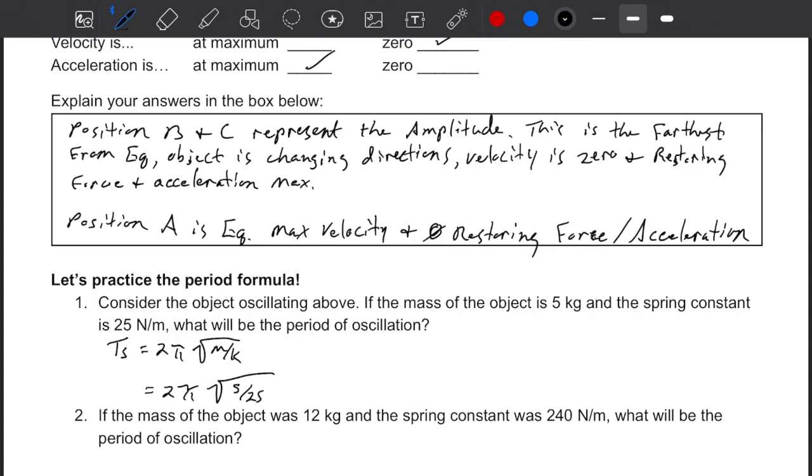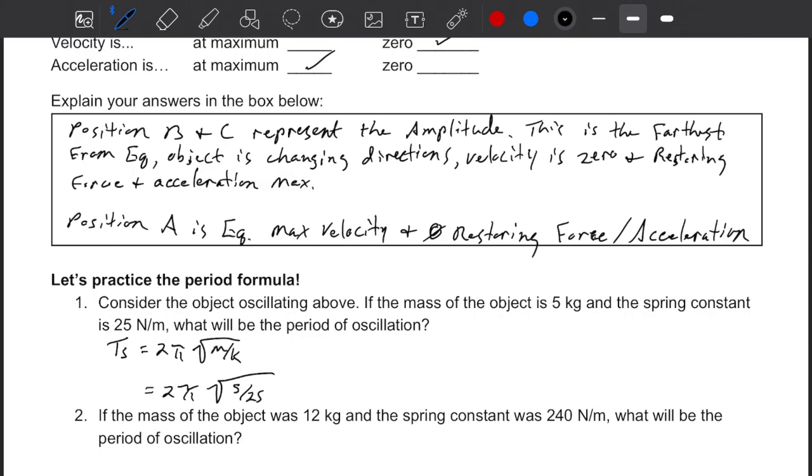In this case, that would be 2 times pi times the square root of 5 divided by 25. So in our calculator, we'll take 5 divided by 25, which I think will be 0.2. We'll square root it, then we multiply by 2 and multiply by pi.